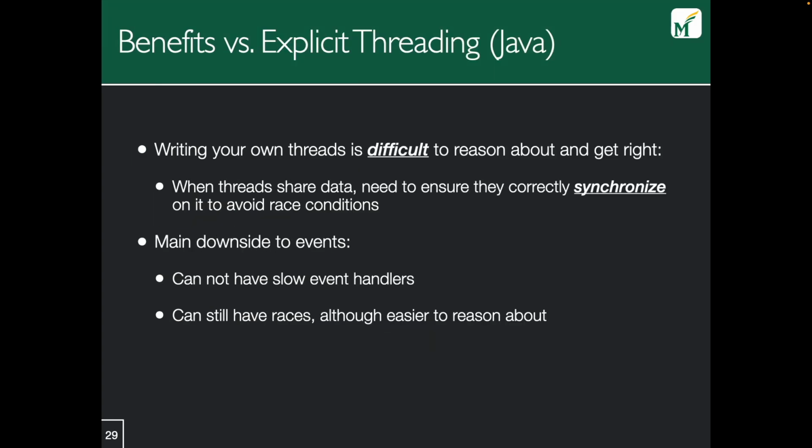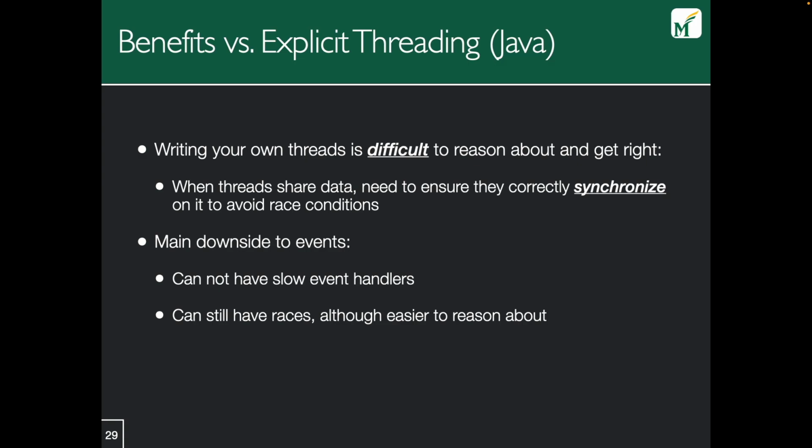All right, so we've talked about this general concept of how JavaScript handles parallel and asynchronous programming. There are some benefits versus the other model, which Java uses, which we've already gone over, called explicit threading.